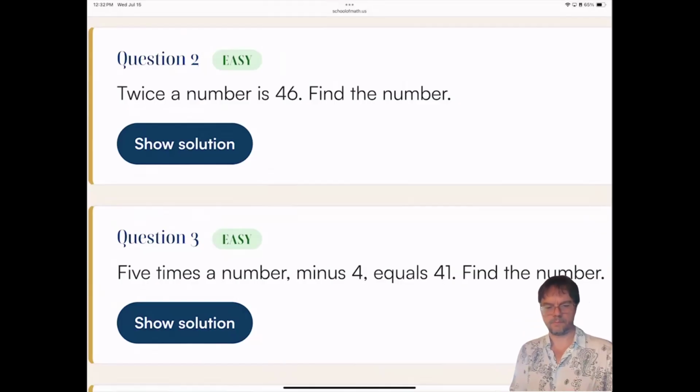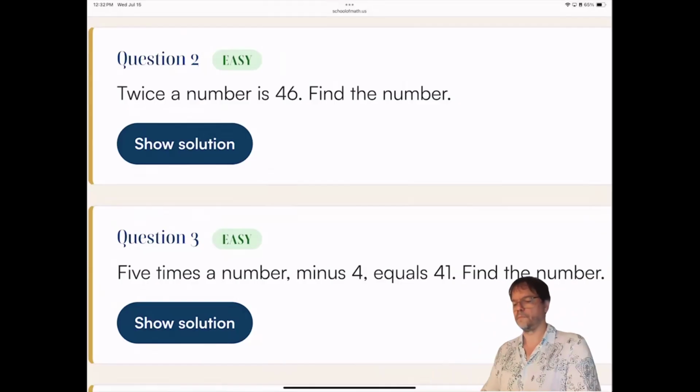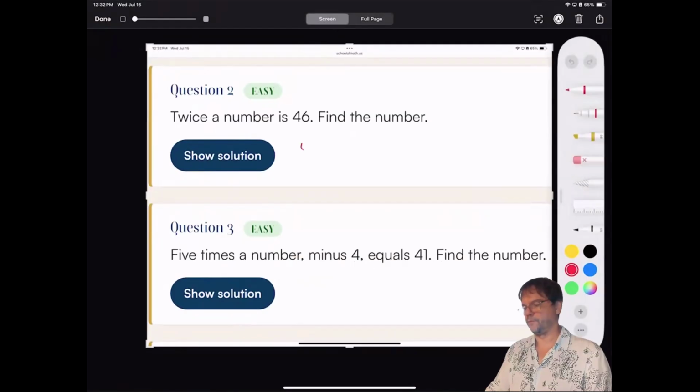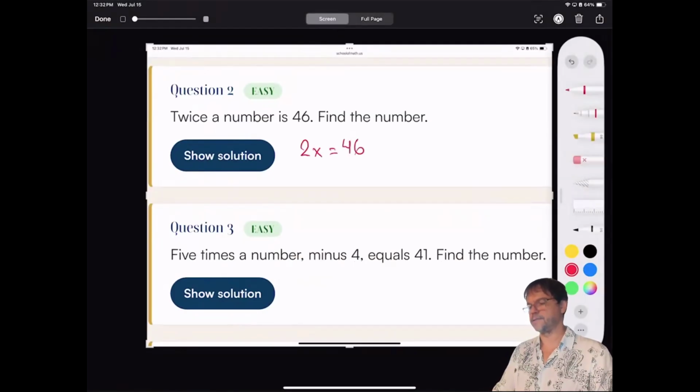That would be 23. Twice a number is 46. So if 2 is multiplying, you pass dividing.